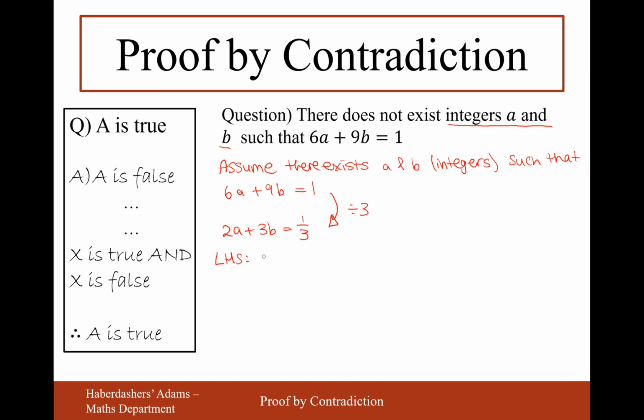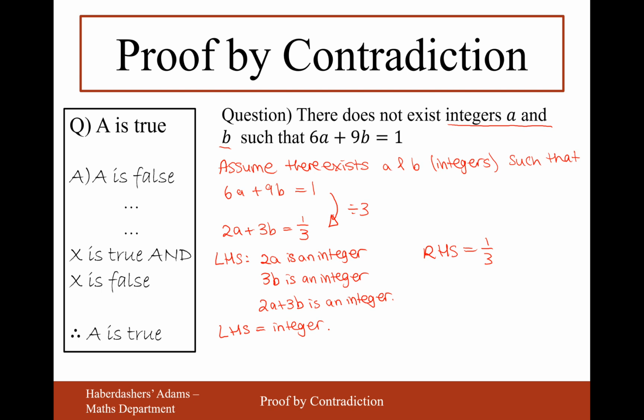So the left-hand side, 2a is an integer, 3b is an integer, and 2a plus 3b is also an integer. So the left-hand side here is an integer. And on the right-hand side, it equals a third, which is not an integer.